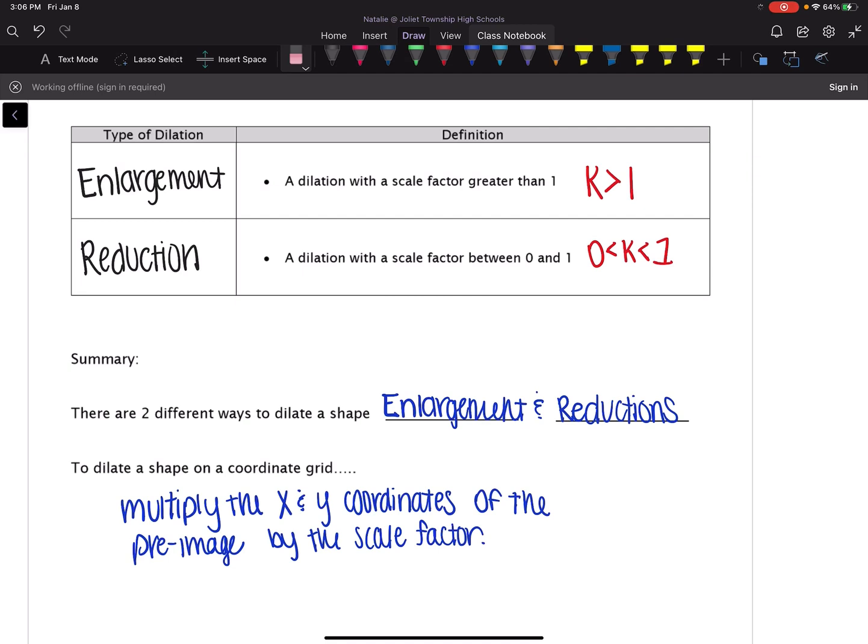And we are going to call an enlargement a dilation where my K value or my scale factor is bigger than 1. Another point that you can add in there is that the figure or the shape is going to get bigger with that dilation.